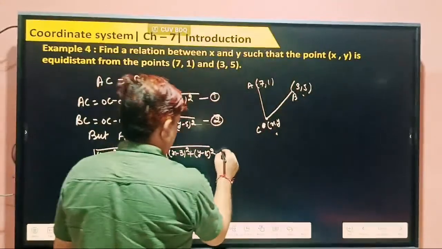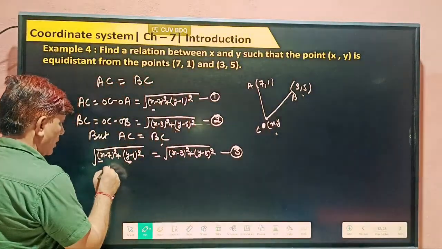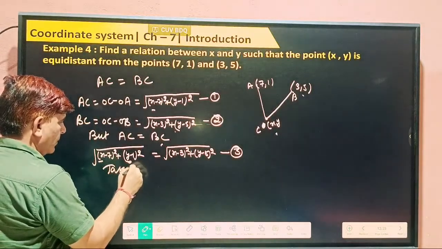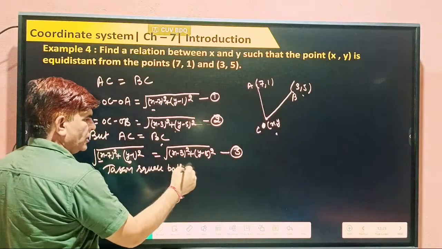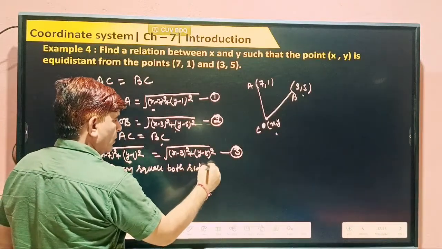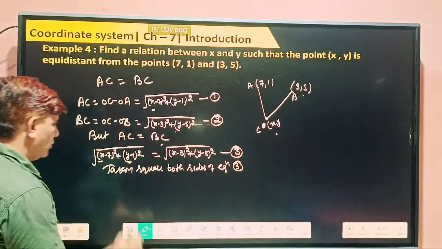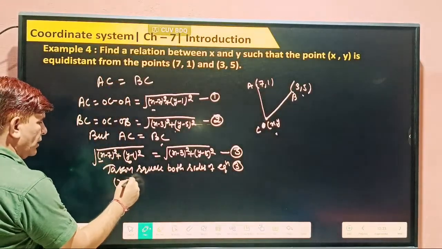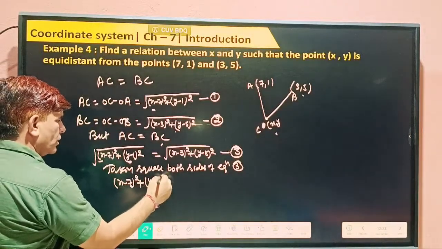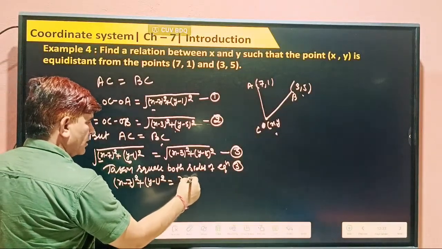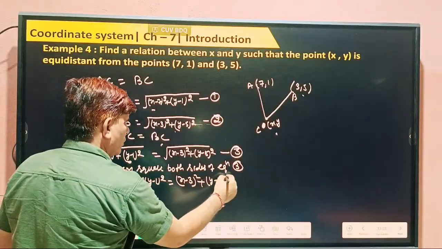This is taken as equation 3. Squaring both sides of the equation, what's equation 3? So this becomes x minus 7 whole square plus y minus 1 whole square equals x minus 3 whole square plus y minus 5 whole square.